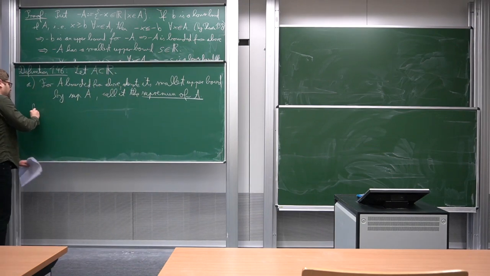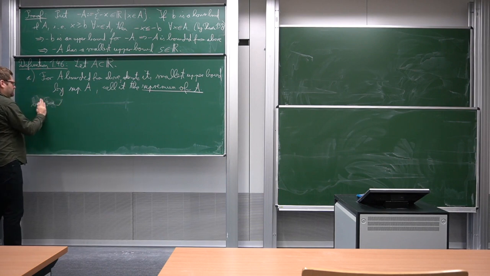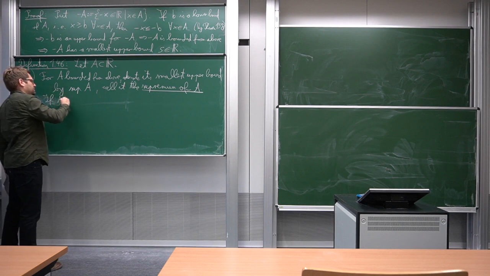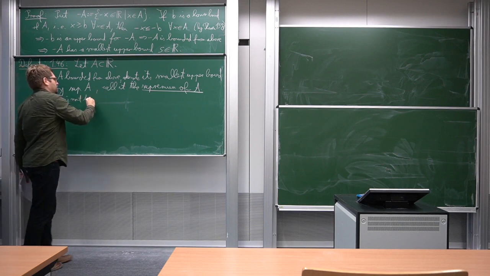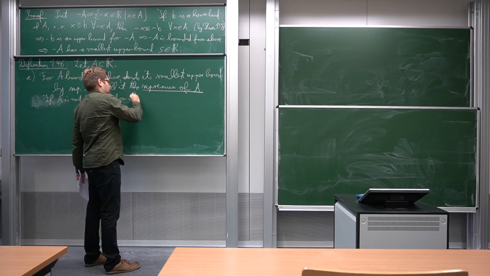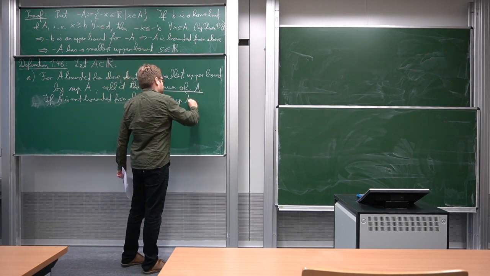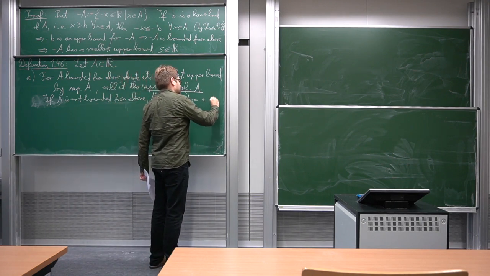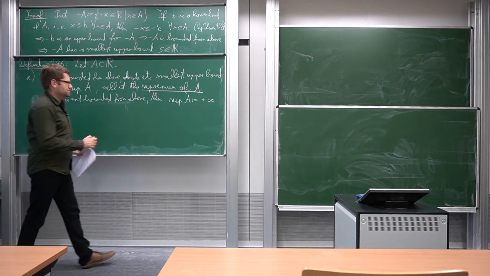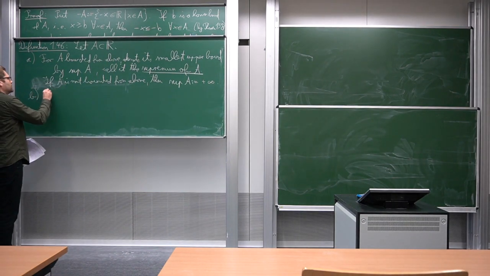Same thing with the biggest lower bound. Before I proceed, one more thing. If A is not bounded from above, then we just say that sup A we define as plus infinity, the infinity symbol, which I haven't formally defined, but I hope you know what's meant by this. Part B, same thing for the lower bounds.